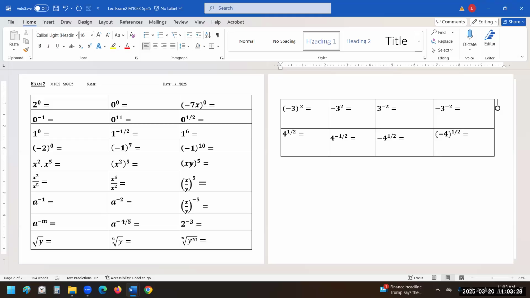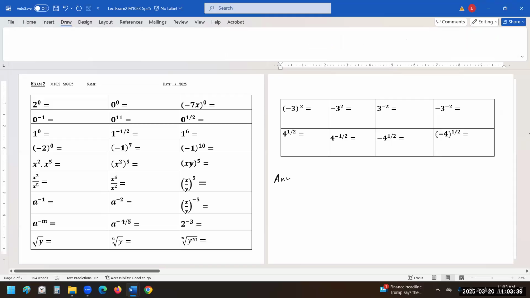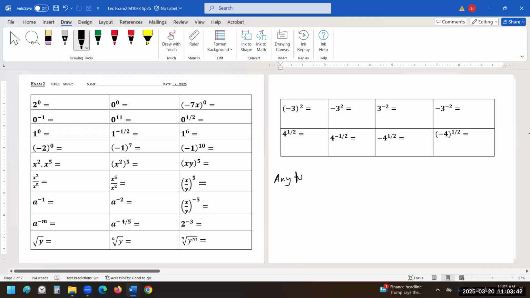The first row is based on the rules of 0. There is one rule I said: anything that is not 0, could be positive, could be negative, could be a number, could be a variable, as long as it's not 0, and you raise it to the power 0, the answer is 1. Only when you have 0 to the 0 do you get something that doesn't exist.